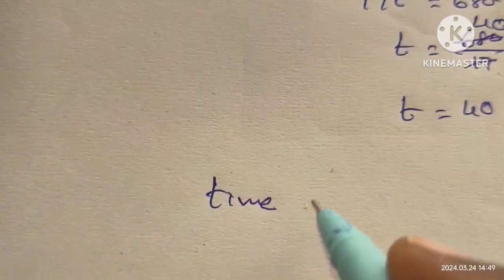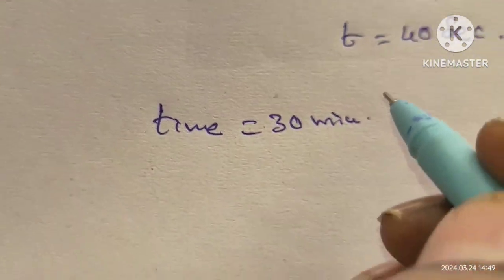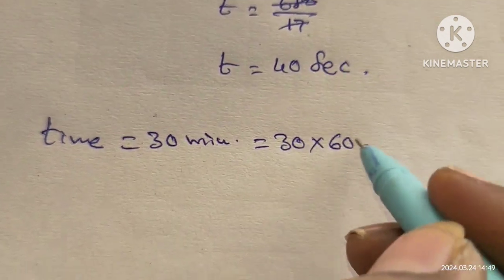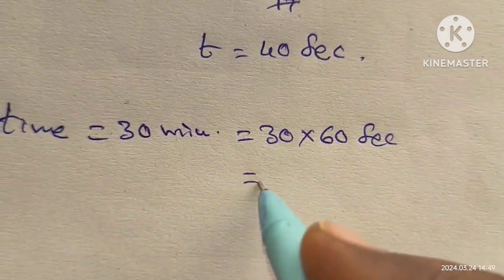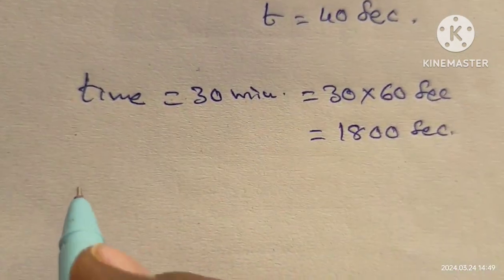Which means the time is equal to half an hour, that is 30 minutes. 30 minutes means 30 into 60 seconds, which means 1800 seconds. That is the time.